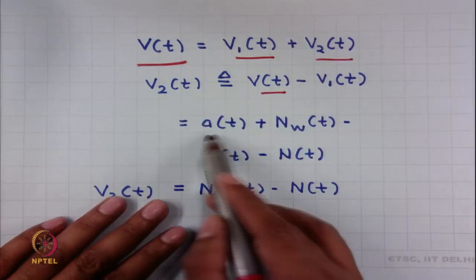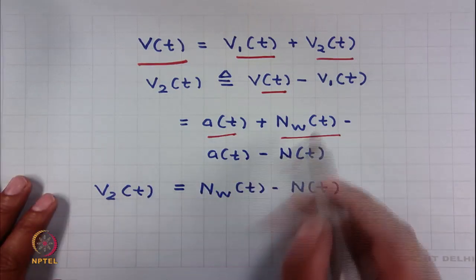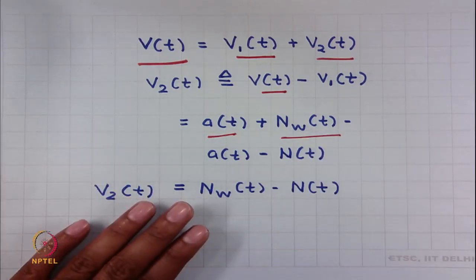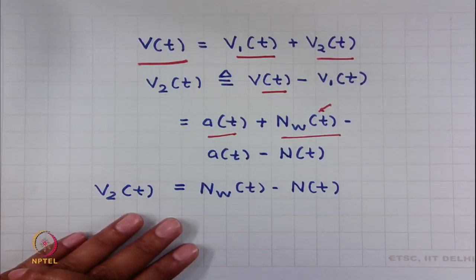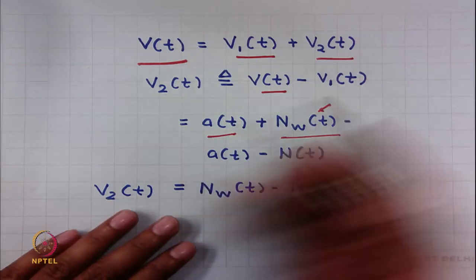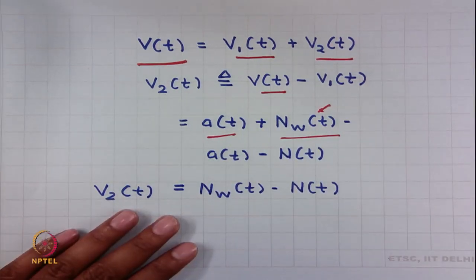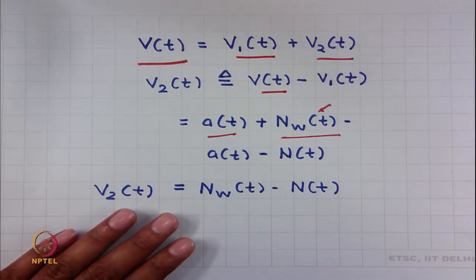V t is A t plus white Gaussian noise, it is complete white Gaussian noise, it is unprojected white Gaussian noise, it is a noise that lies in infinite dimension, minus V1 t, and V1 t is, as I have said, A t plus N t. N t is a finite dimensional noise, a noise that is lying only on the signal space.